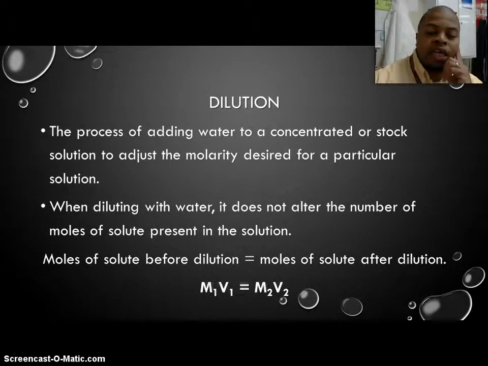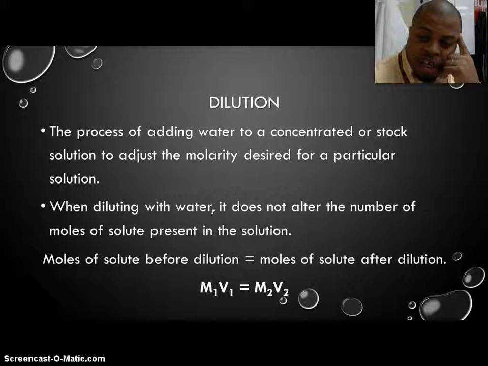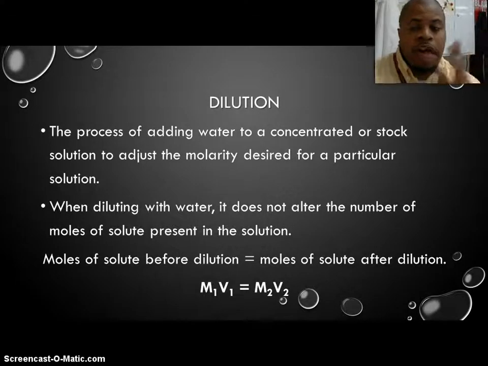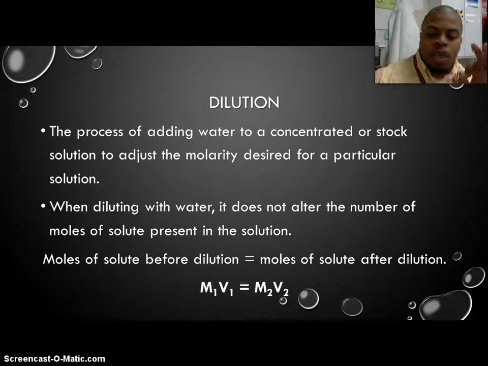How we're going to deal with that is we have moles of the solute before dilution equal moles of solute after dilution. Or, as you see here at the bottom of the screen, molarity 1 times volume 1, whatever the molarity and volume were, equals molarity 2 after we've done the dilution times volume 2.